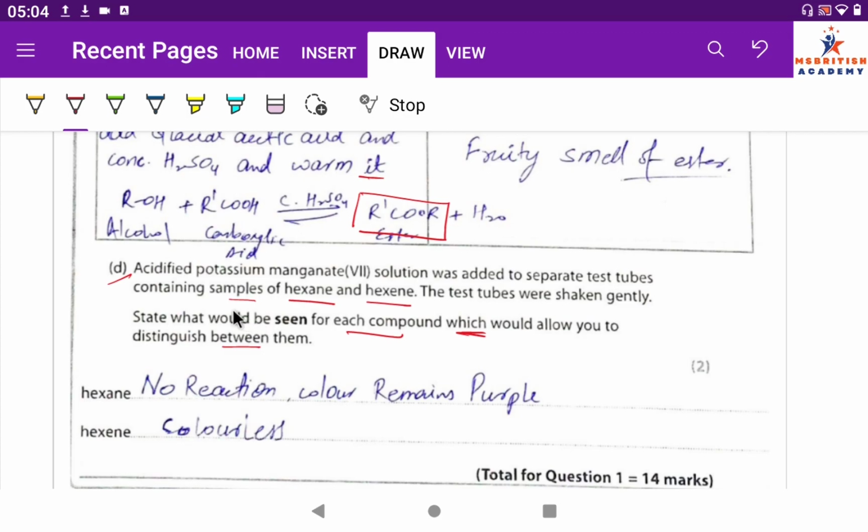So when acidified potassium manganate reacts with hexane, there is no reaction and color remains purple. But when the same acidified potassium manganate reacted with hexene, it becomes colorless. The purple becomes colorless.